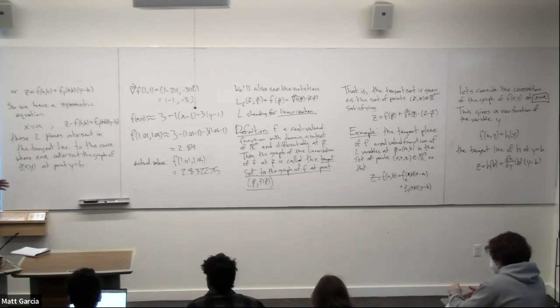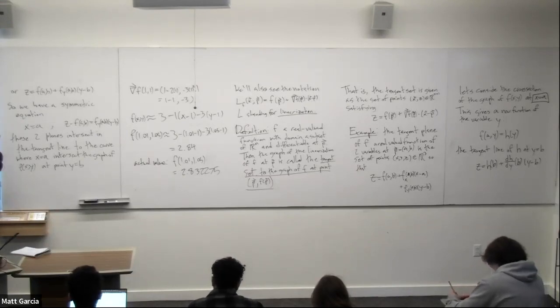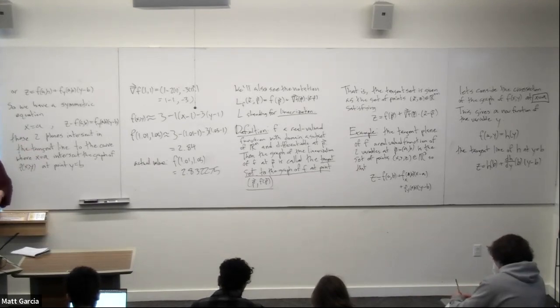The broad overview of what I'm saying is that the tangent plane contains all the tangency data for any cross section that you can take, all the lower dimensional tangent structures.